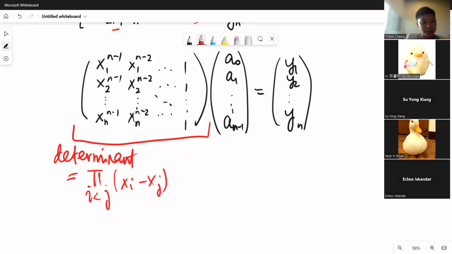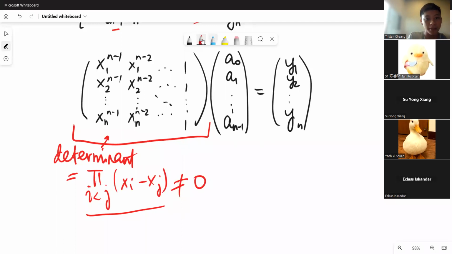In the case where the xi are all distinct, this is non-zero, and hence it's invertible, and therefore we can invert this matrix and find the coefficients a_0 to a_(n-1).